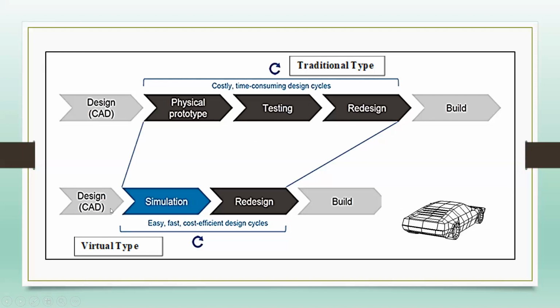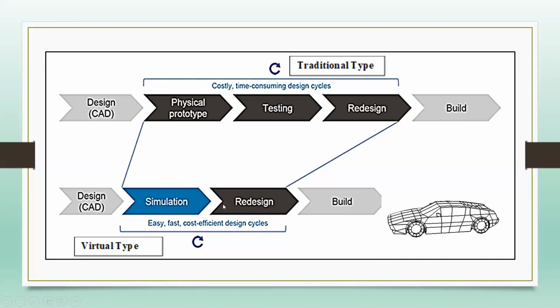But if we go for the virtual type, here what happens, we can directly prepare a 2D or 3D drawing and model with the help of the computer itself, and we can analyze it clearly. We can perform simulation of that. You can check out here how the analysis can be done. You can clearly visualize how the product looks.